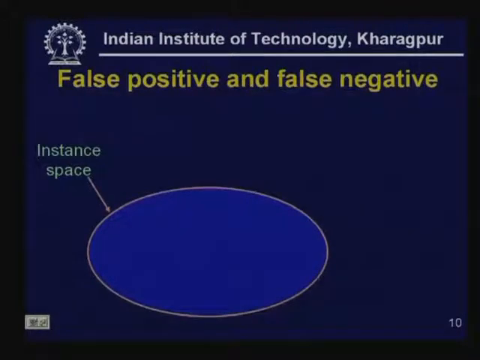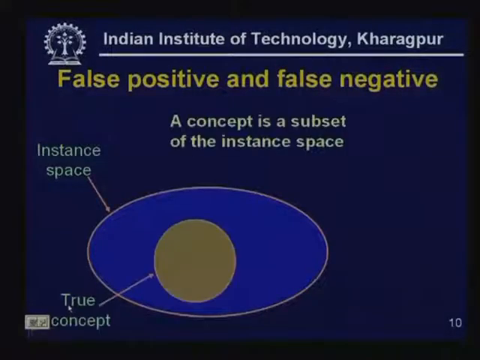Now, let us say that this oval represents the set of all possible instances, and as you know, instances are described in terms of the values of the attributes. So, these are all the instances. Now, a concept is a subset of the instance space. Only a subset of the instances belong to the concept class.